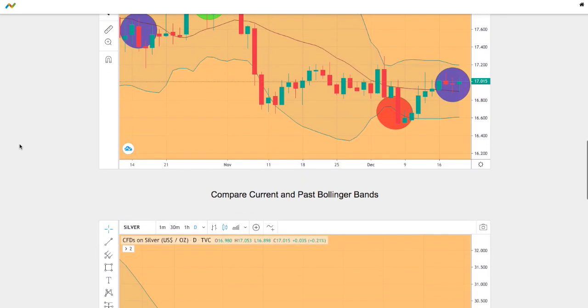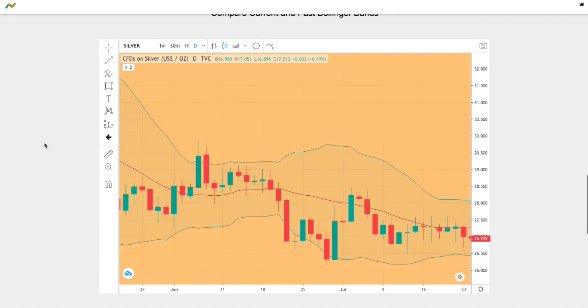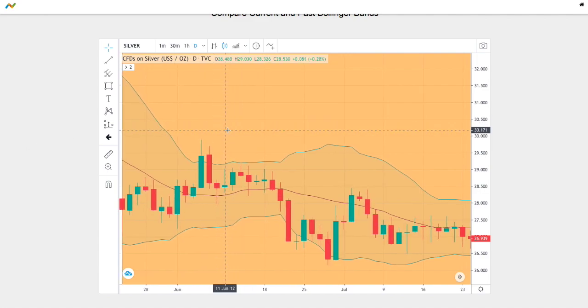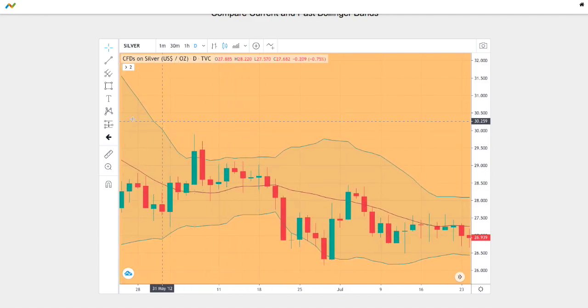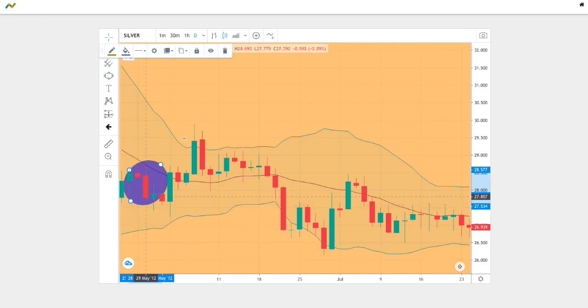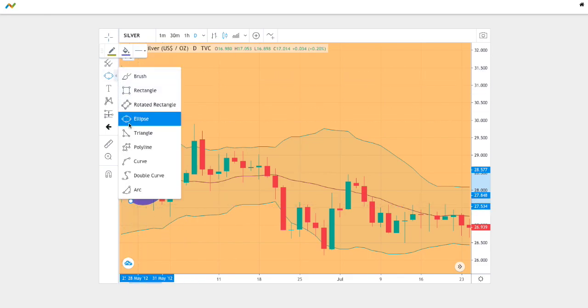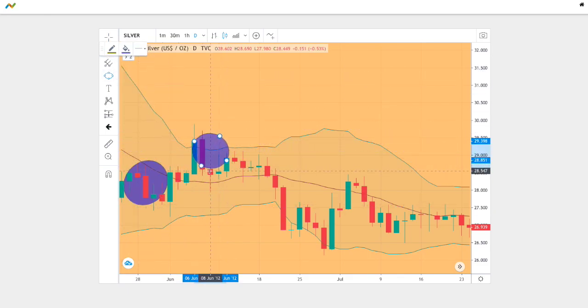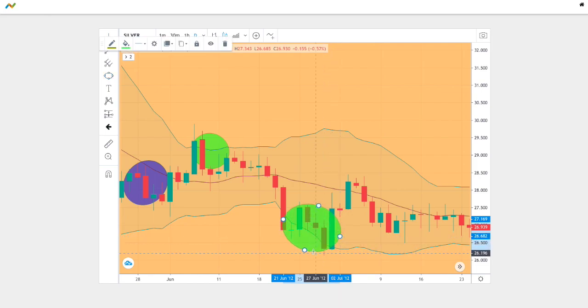So let's review the trend in question. Again, this trend dates back to May 23rd, 2012 to August 1st, 2012. We start off slightly below the middle Bollinger Band, and then we proceeded to touch the upper Bollinger Band. And then after touching the upper Bollinger Band, we also took another dip to the bottom Bollinger Band.